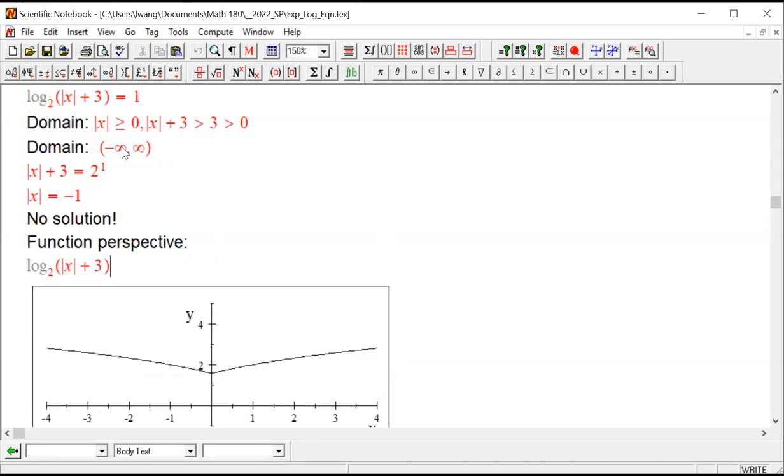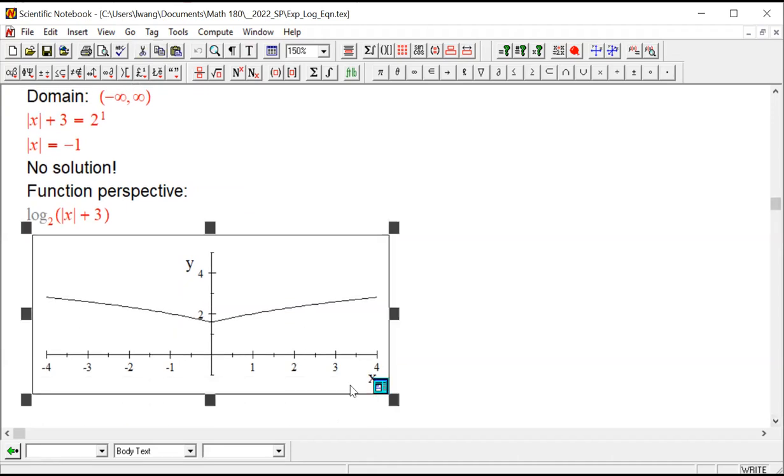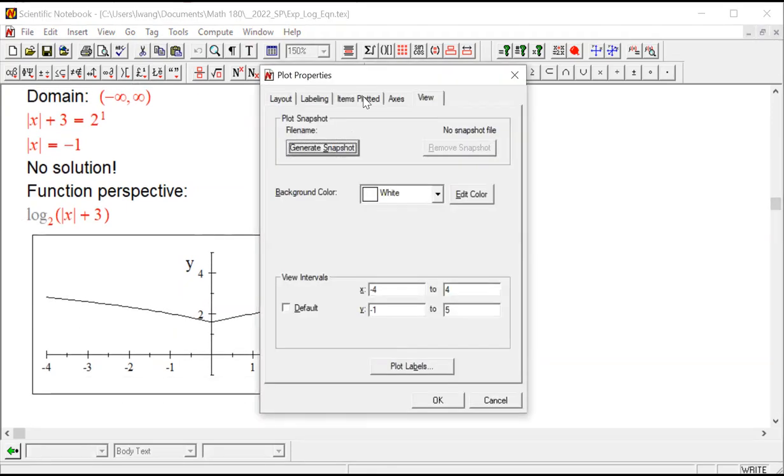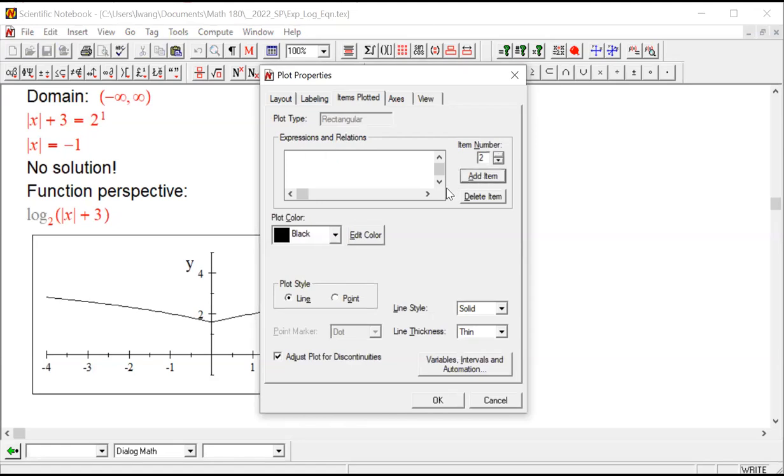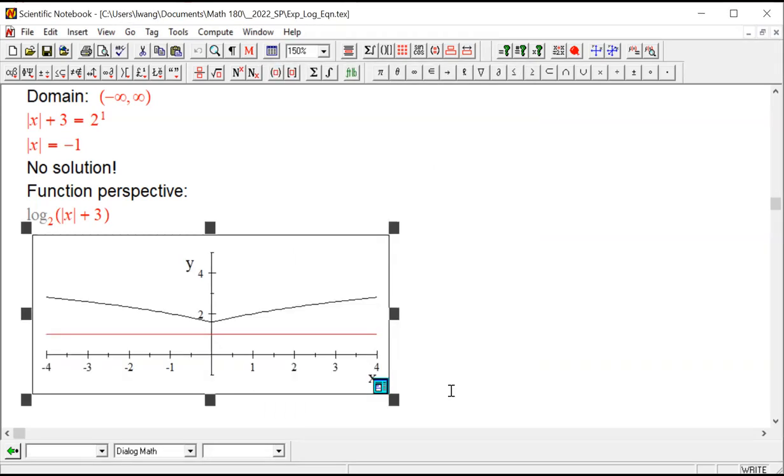But when we have the output equal to 1, we're going to draw a horizontal line. That horizontal line, I'm going to make it red. No touch, no touch, no solution.